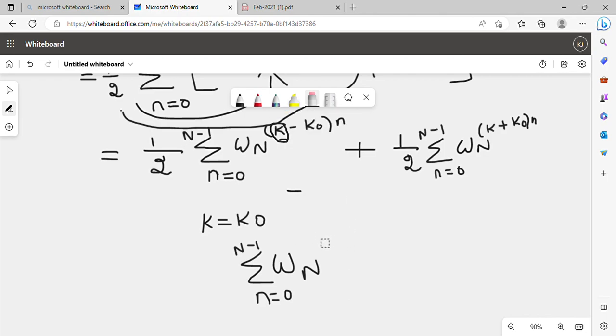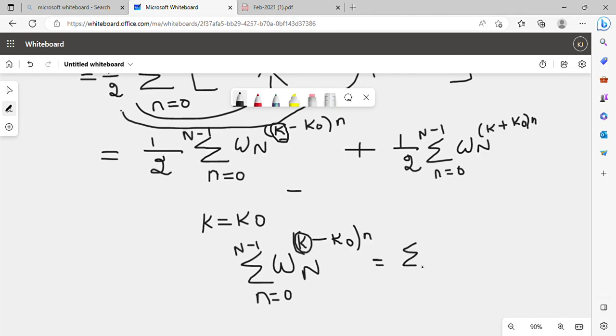Okay, so I get omega n to the power of k minus k naught, whole to the power of n. So which is equal to what? In place of this particular k, you are substituting k naught.